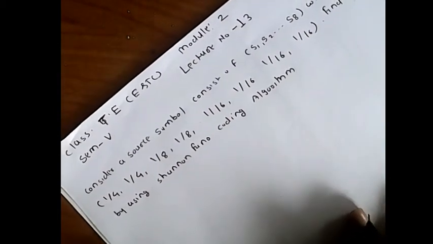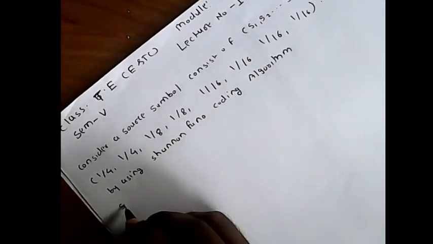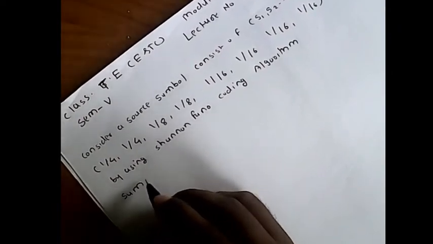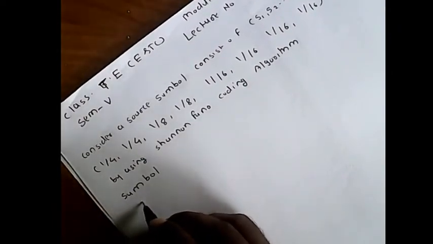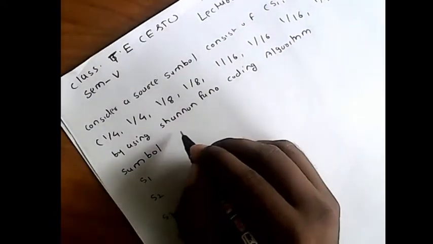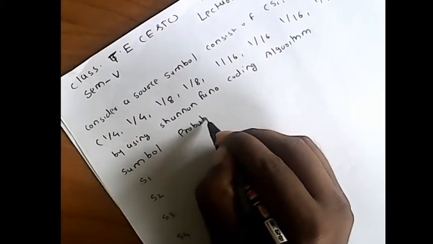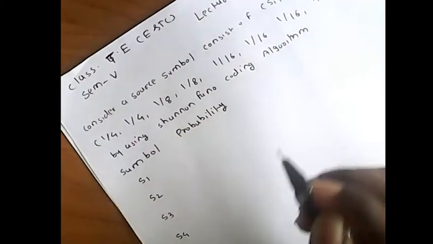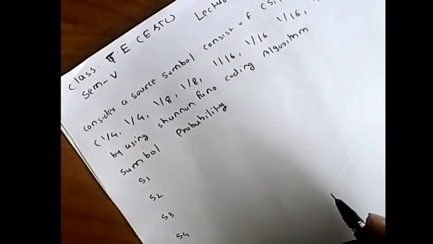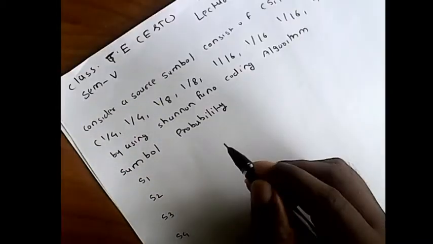So we first write the symbols S1, S2, S3, S4, S5, S6, S7 up to S8, then their probabilities of occurrence in decreasing order, according to the Shannon-Fano coding first step.